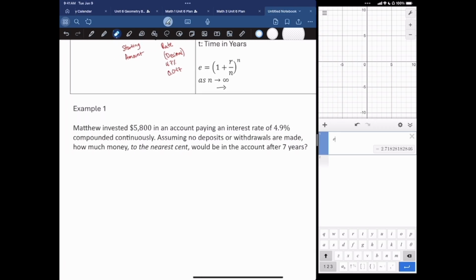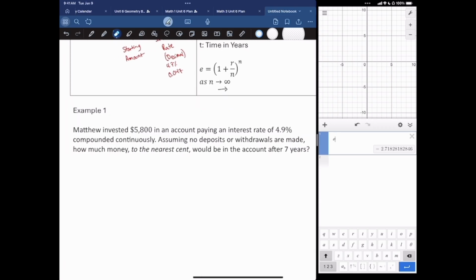Matthew invested $5,800 into an account paying an interest rate of 4.9% compounded continuously. Assuming no deposits or withdrawals are made, how much money to the nearest cent would be in the account after 7 years? Let's take this one step at a time.